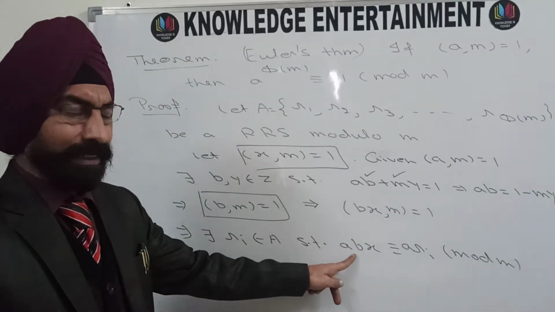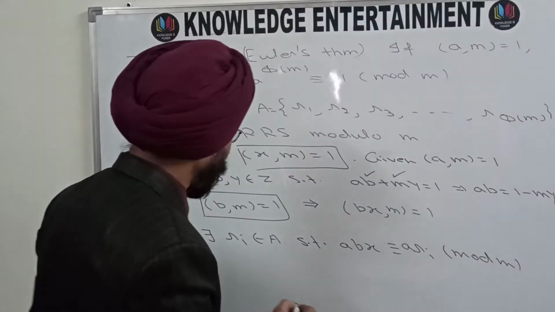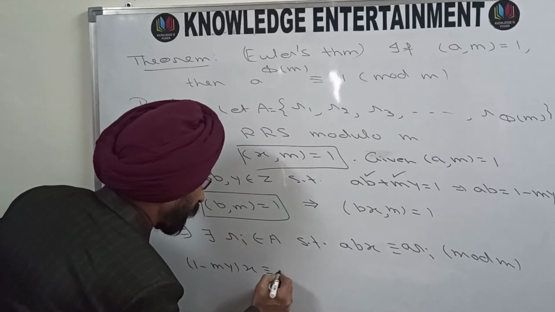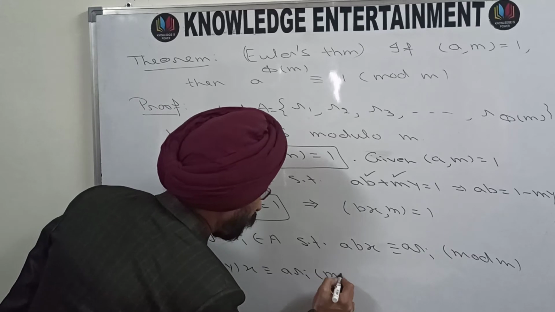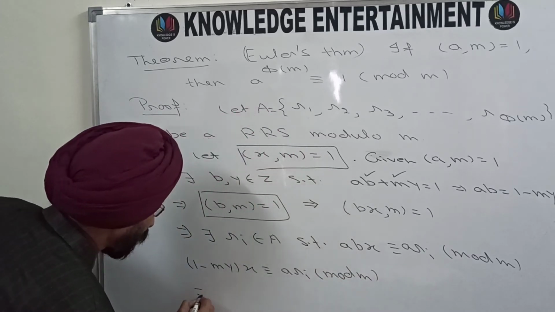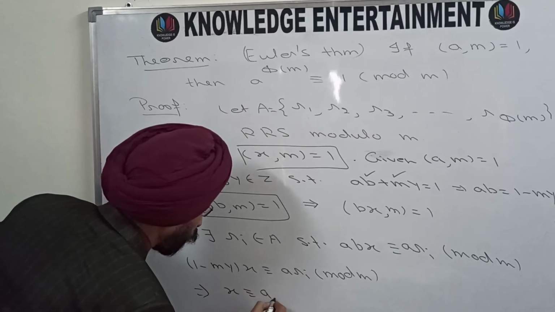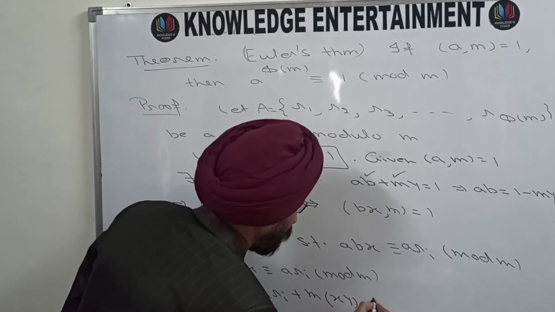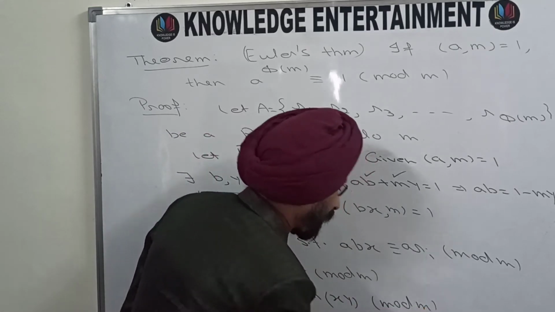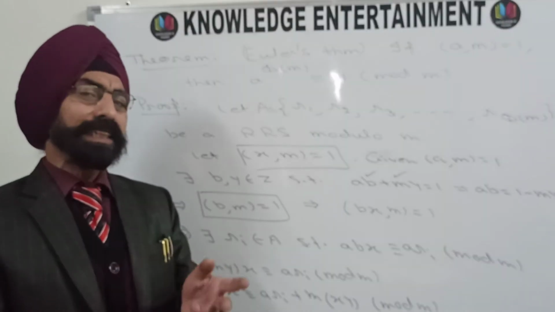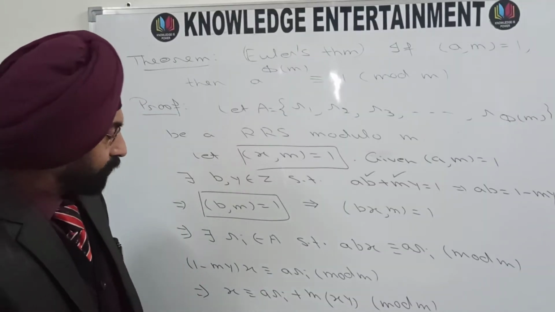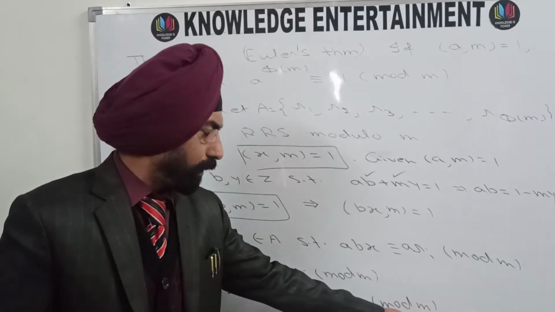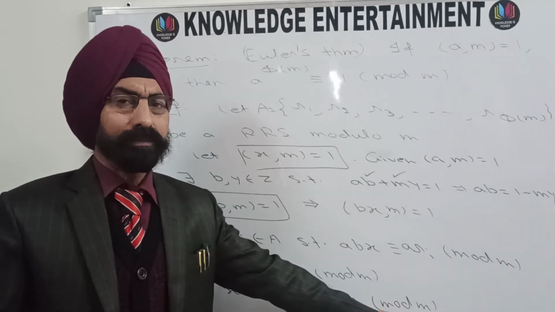And this ab, the value of ab is now 1 minus My. So it is (1 minus My)x is congruent to a·ri modulo M, which you can rewrite as x is congruent to a·ri plus M times xy modulo M. And if you have seen my previous videos, you must know that if there is a congruence relation modulo M, then from this congruence equation modulo M, any multiple of M can be removed.